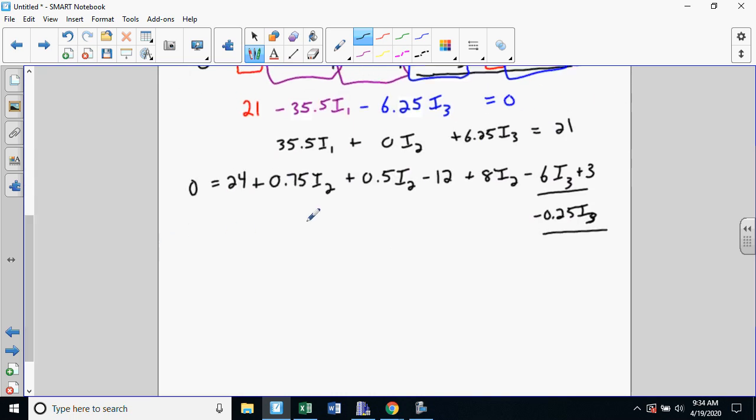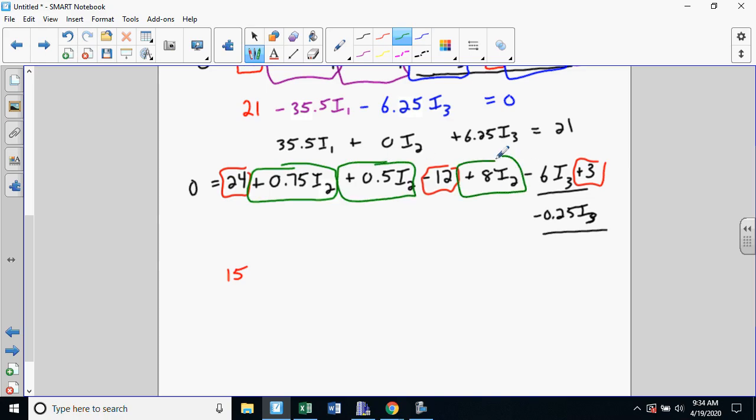Let's do the same thing with the last equation. Constant terms are 24 minus 12 and plus 3. So 24 and 3 is 27, minus 12 is 15. Then the I2 terms: 0.75 and 0.5 and 8.